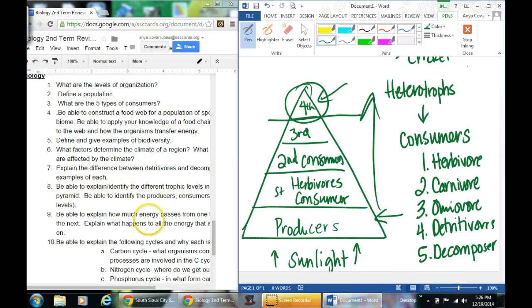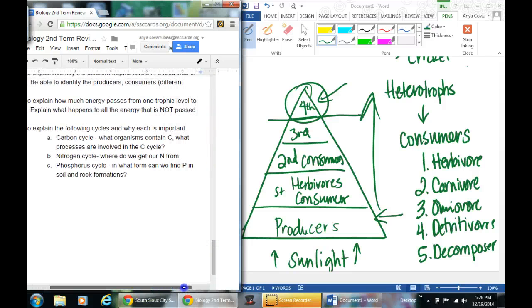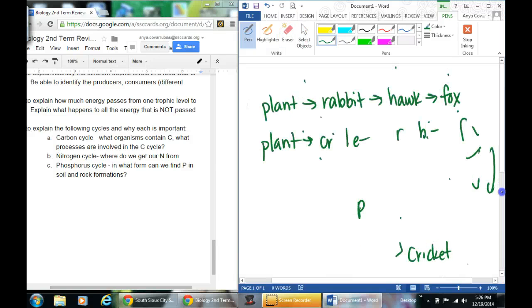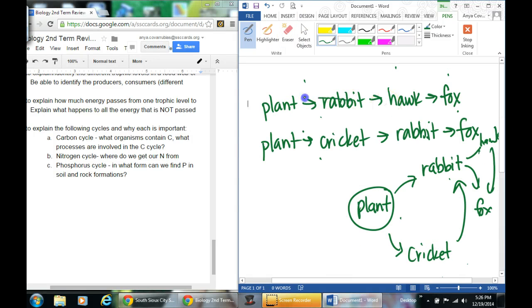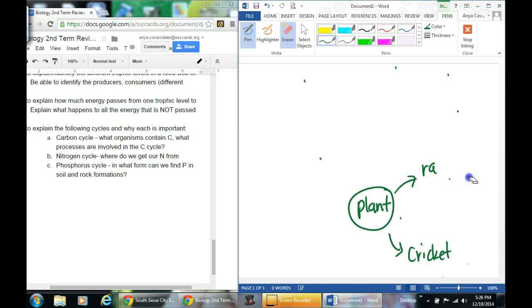Okay, we want to talk about the biochemical cycles real quick. Our biochemical cycles are very important for all life on Earth. If any of these atoms or any of these cycles were to go out of balance, plants would cease to exist, and if we didn't have plants, we wouldn't have oxygen.